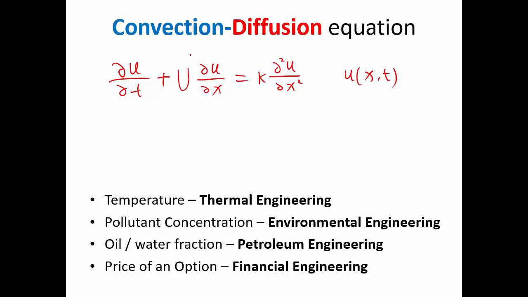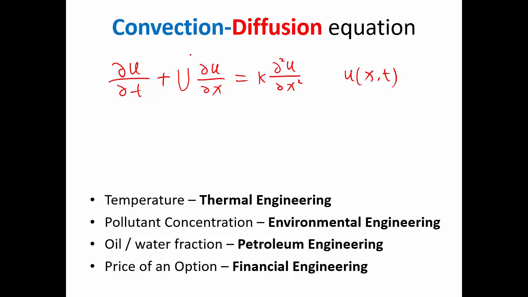In this case, the u would model the concentration of a particular species. In petroleum engineering, the same u can model the fraction of oil or fraction of water in an underground reservoir. And in financial engineering, you can use the same differential equation to model the price of an option. So there are a lot of applications of equations like that.